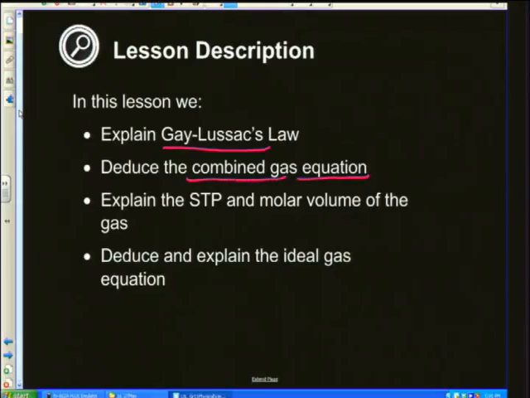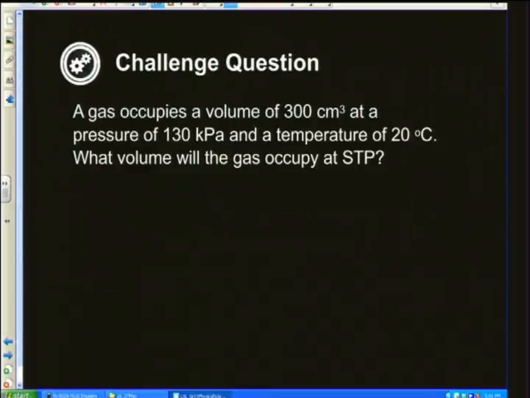We are also going to look at what is meant by STP, standard temperature and pressure, and molar volume. We are also going to look at how we work out and explain the ideal gas equation. So those are the things that we'll be doing in this lesson here.